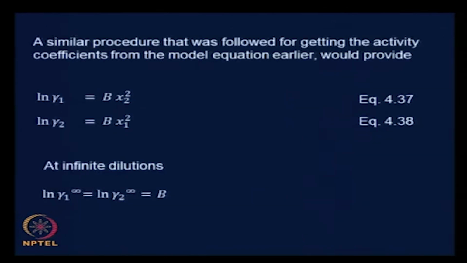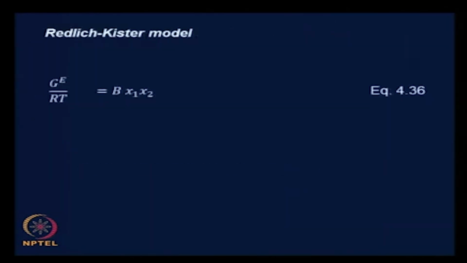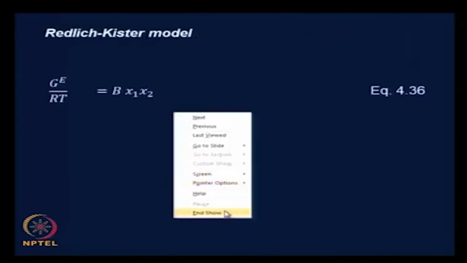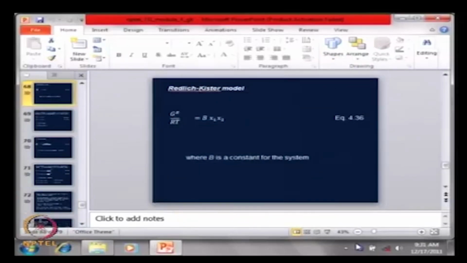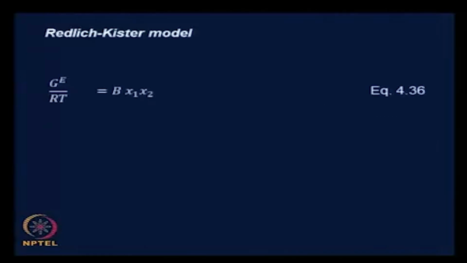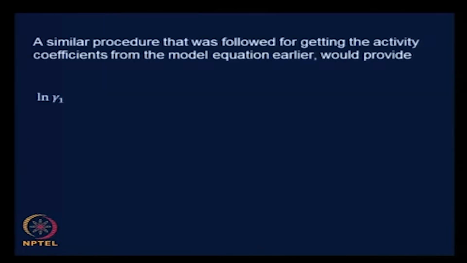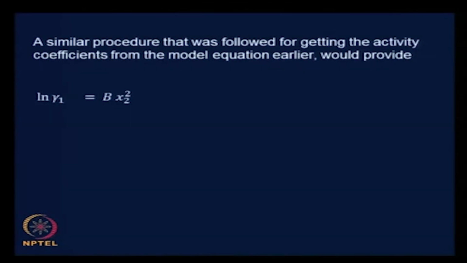Hopefully you would have obtained these expressions. Ln gamma 1 equals B x2 squared, equation 437, and ln gamma 2 equals B x1 squared, equation 438.